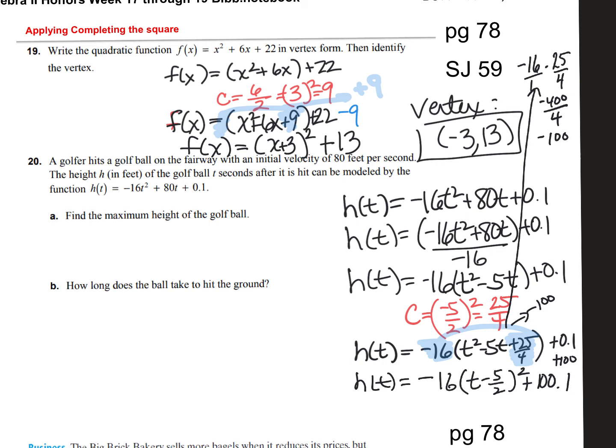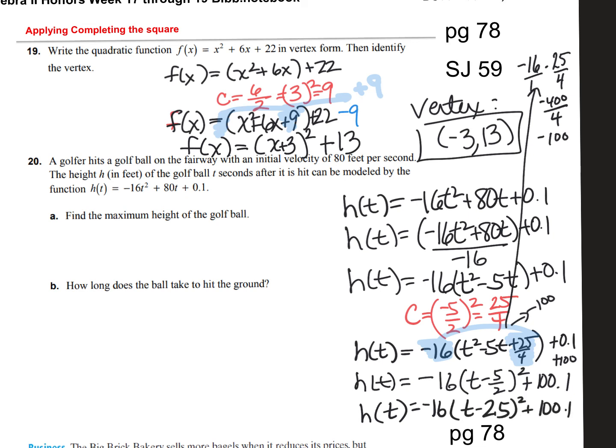Now, I am going to write 5/2 as a decimal here because it represents the t value, the time, and I need that to make real world sense. 5/2 as seconds doesn't necessarily make sense, and we know that's 2.5 seconds.